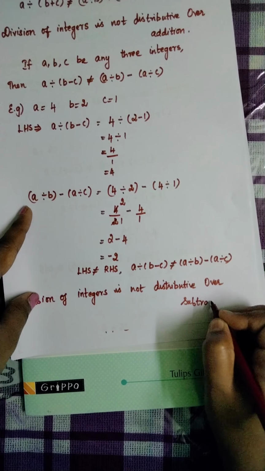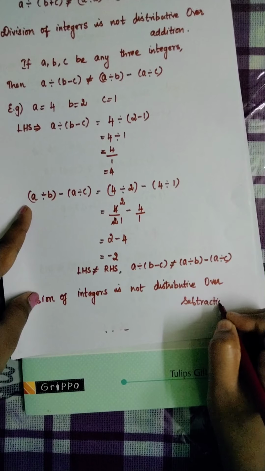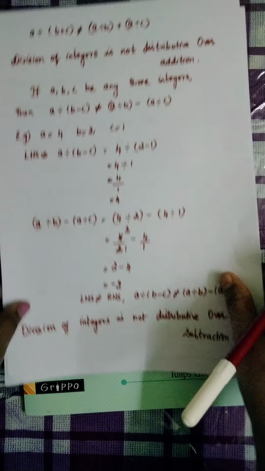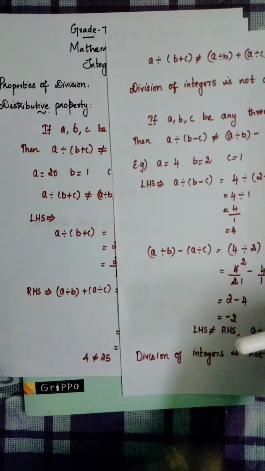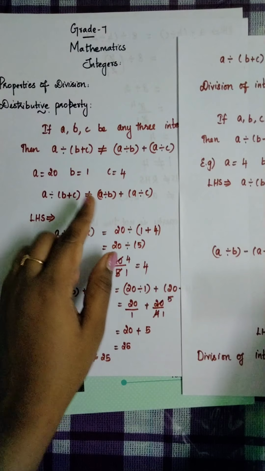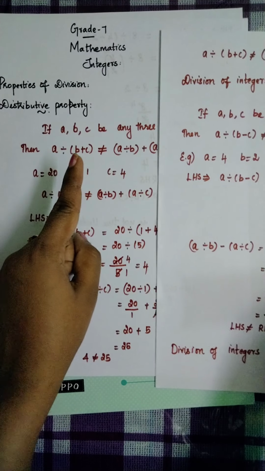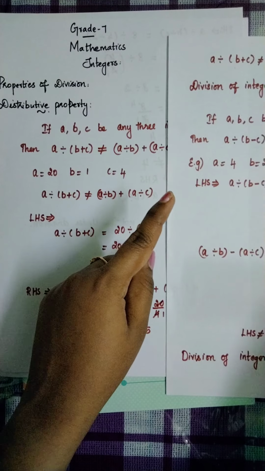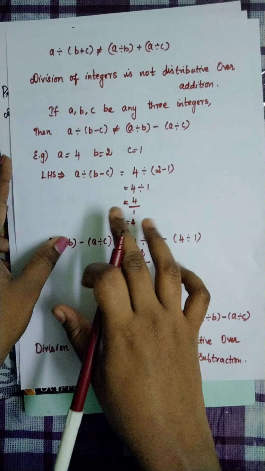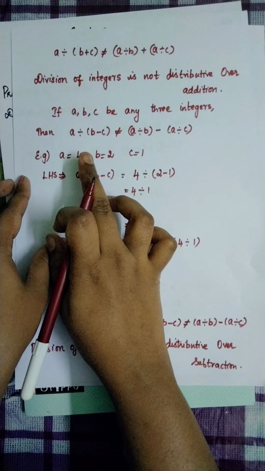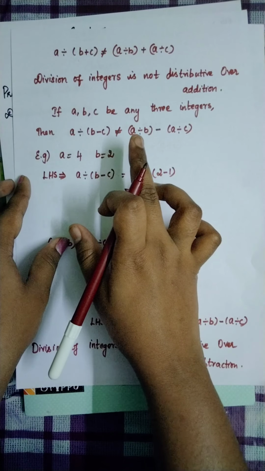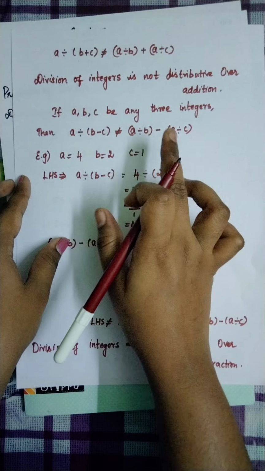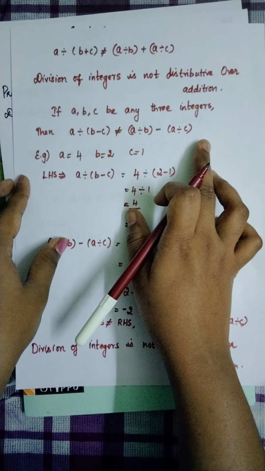Have you all understood? This is the distributive property. You have completed the distributive property. First, the condition for addition is A divided by B plus C is not equal to A divided by B plus A divided by C. The condition for subtraction is A divided by B minus C is not equal to A divided by B minus A divided by C.